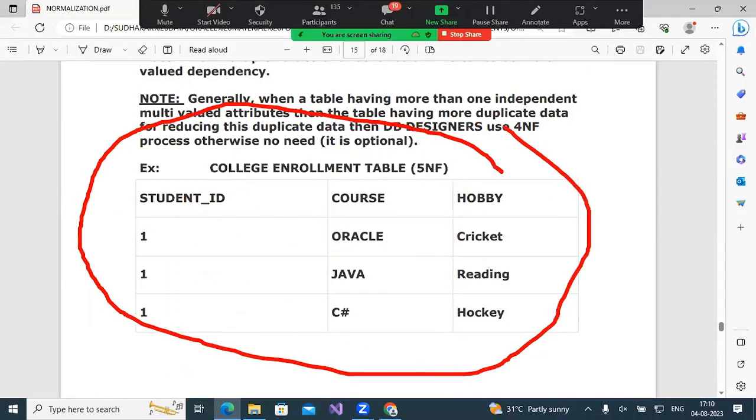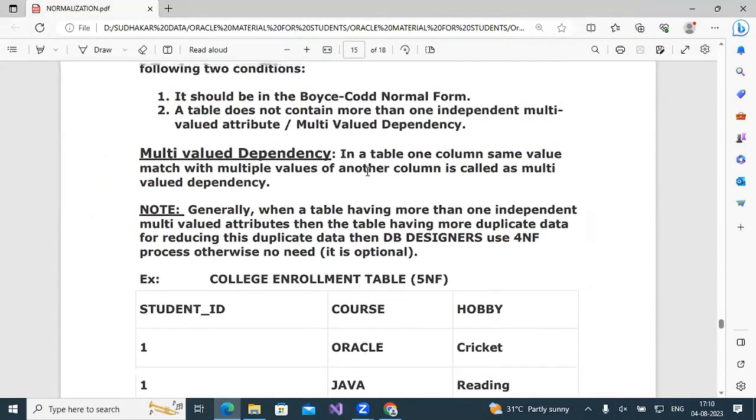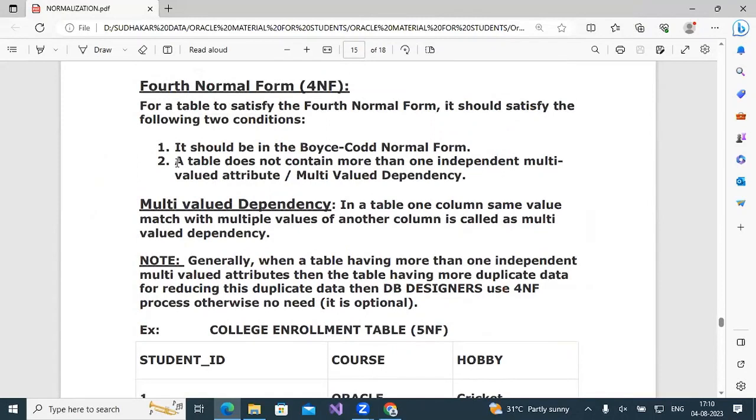So in this entire table, how many independent multi-valued columns are there? Two. But as per the rule of fourth normalization, what does it tell? A table does not contain more than one independent multi-valued column.